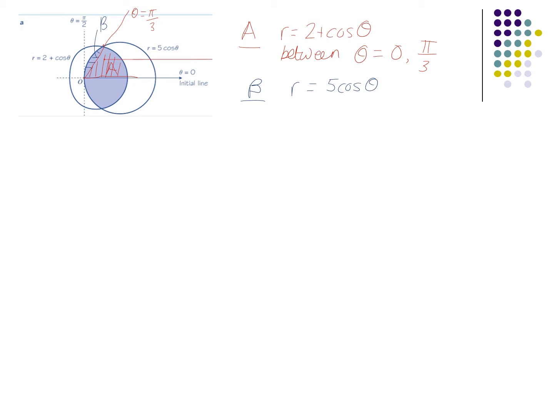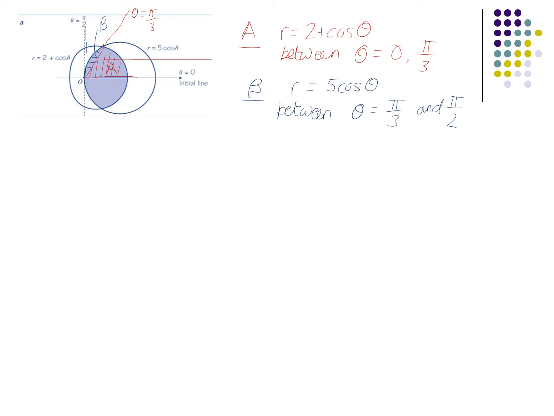Well, we can see again, the lower limit is the point of intersection, so that's theta is pi by 3. And my upper limit, can you see my upper limit here, is my tangent to the pole. So it's between theta is pi by 3 and theta is pi by 2. That is the trickiest bit done.